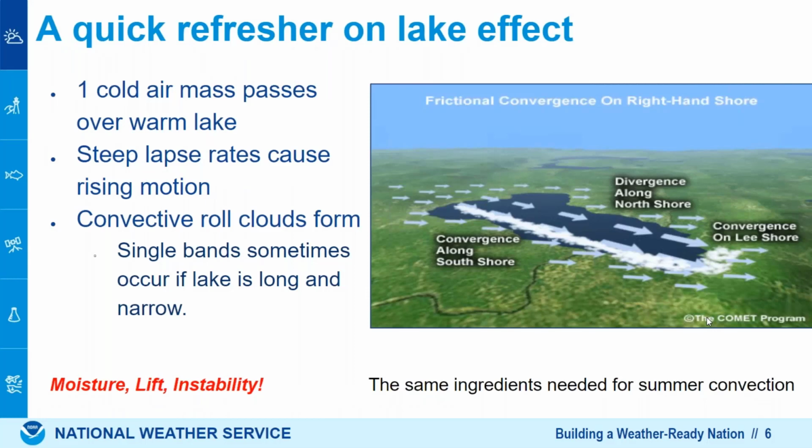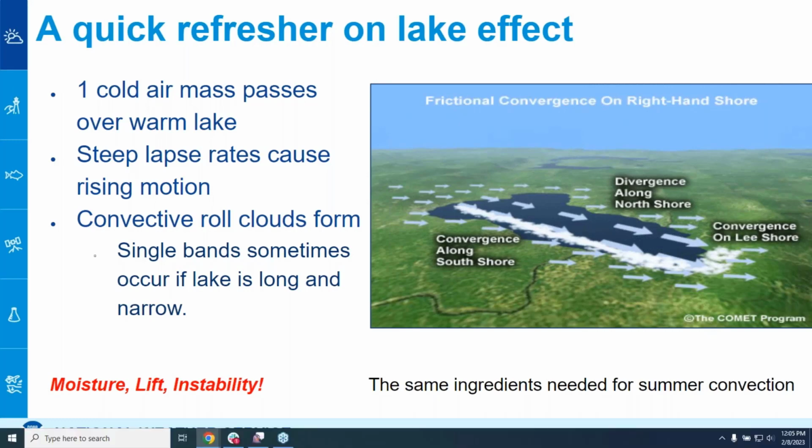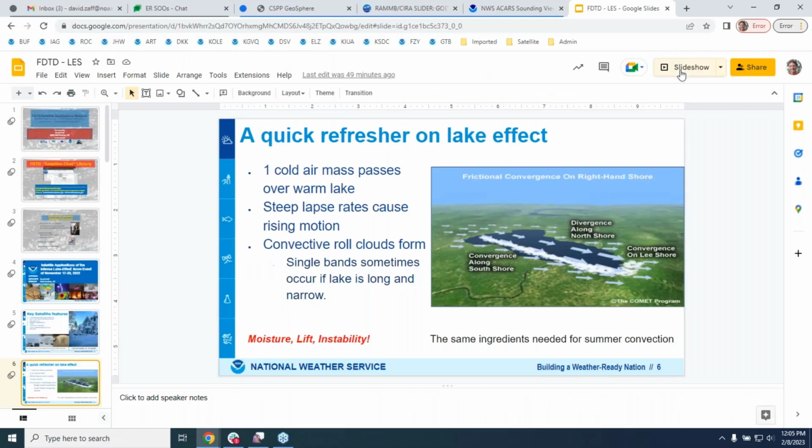So for those that aren't too familiar with lake effect processes, I'll just do a quick overview here. You need a cold air mass over a warm body of water. That's your classic setup. That'll develop the steep lapse rates that you need for rising motion.